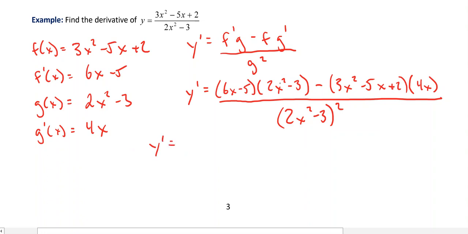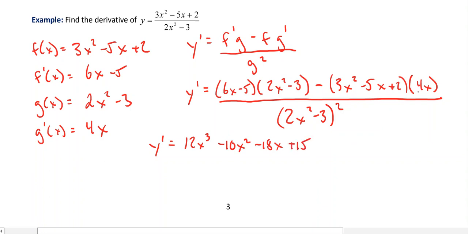So we can multiply these two binomials together. So we have 12x cubed minus 8. Let's go in order. So we have minus 10x squared minus 3 times 6 is 18x and plus 15.